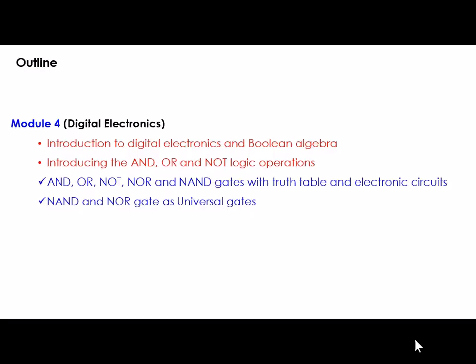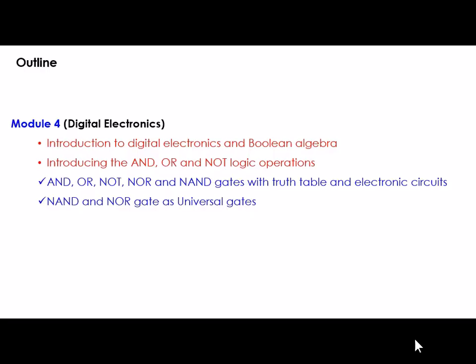Further, we discussed that there are basically three logical operations which are used in order to analyze digital circuits. Those three operations are AND operation, OR operation and NOT operation.